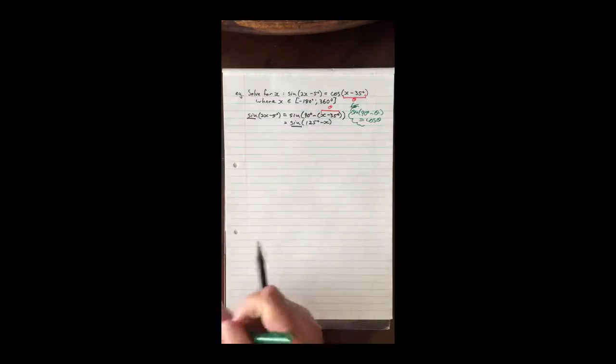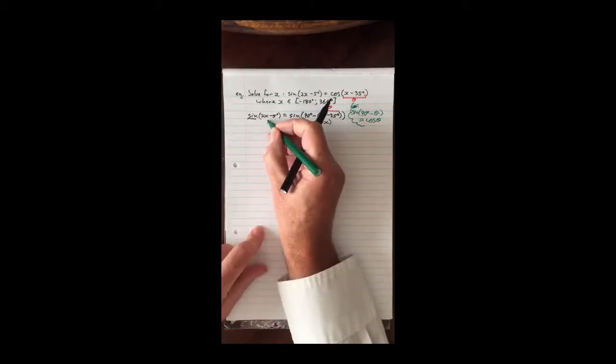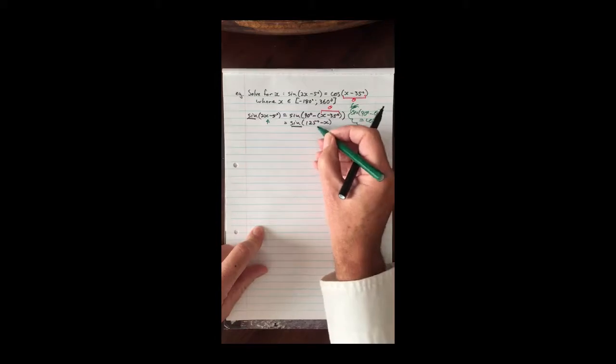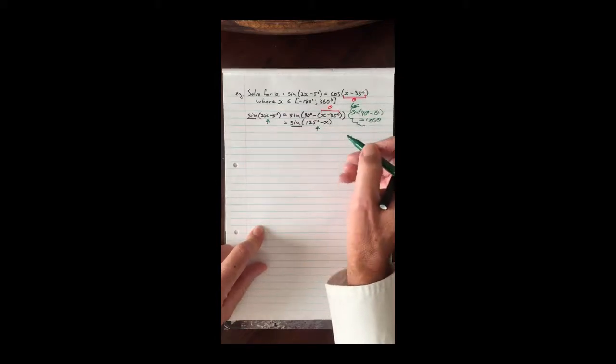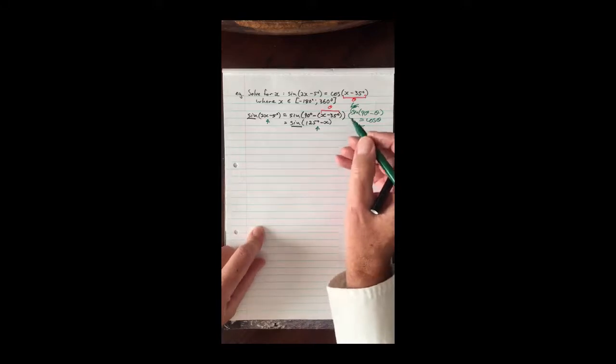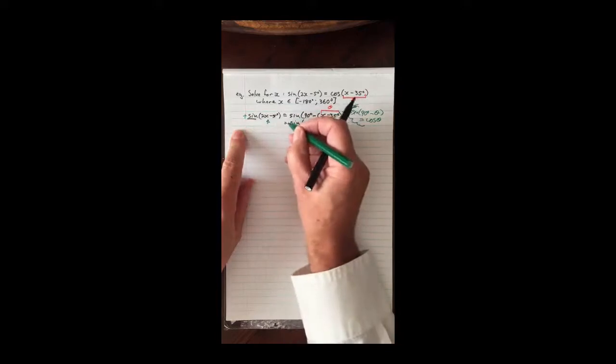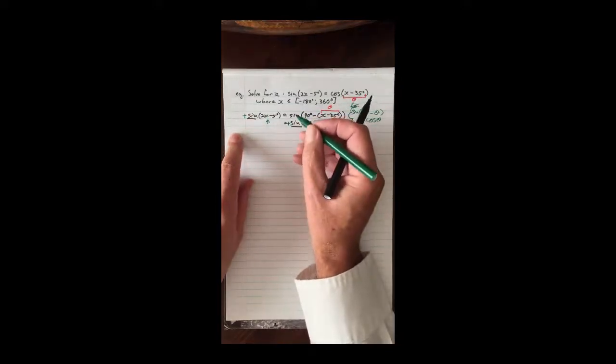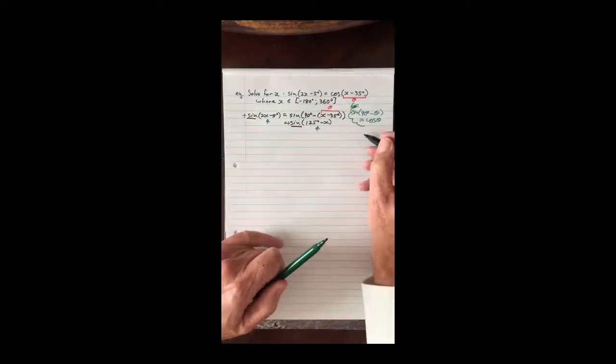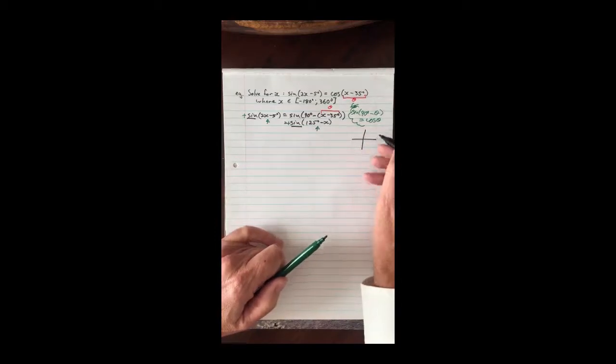So that means that this bracket is equal to this bracket over here. That is the one thing that we need to see. The other thing is, in front of this sine, there's an invisible plus sign.